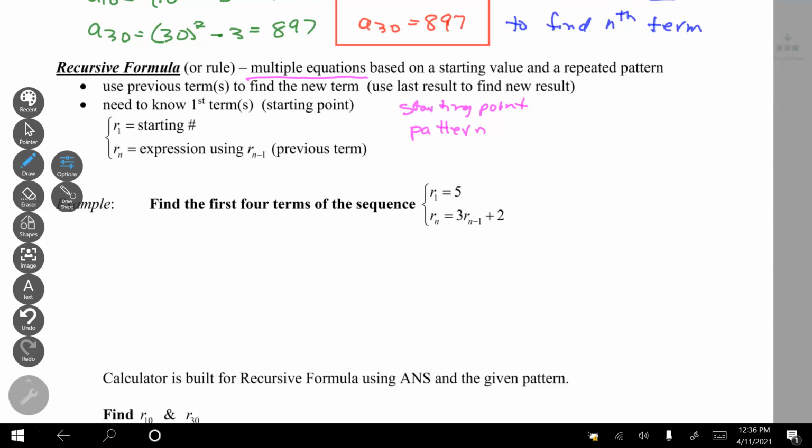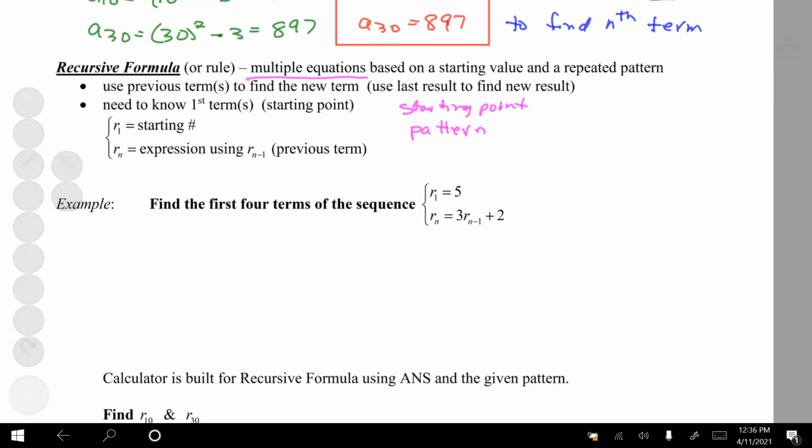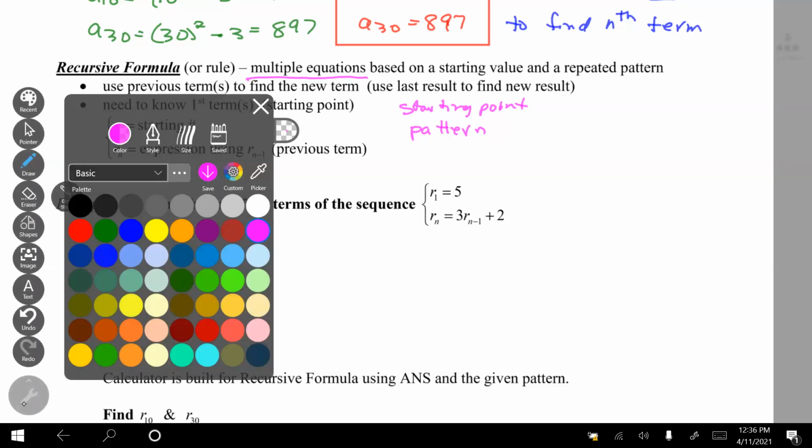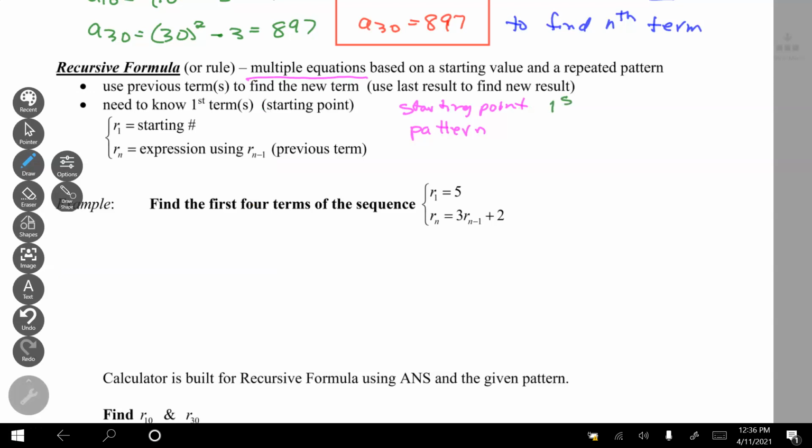So you're always using your last answer, your last result, the previous term, to find anything new. So the starting point is just really the first term, and the pattern is going to use the previous term, or what the calculator calls the answer. Okay? So that's the key.